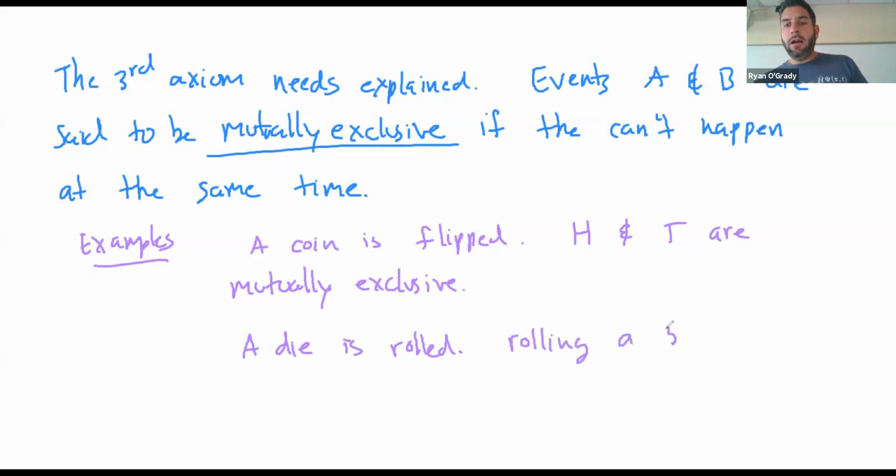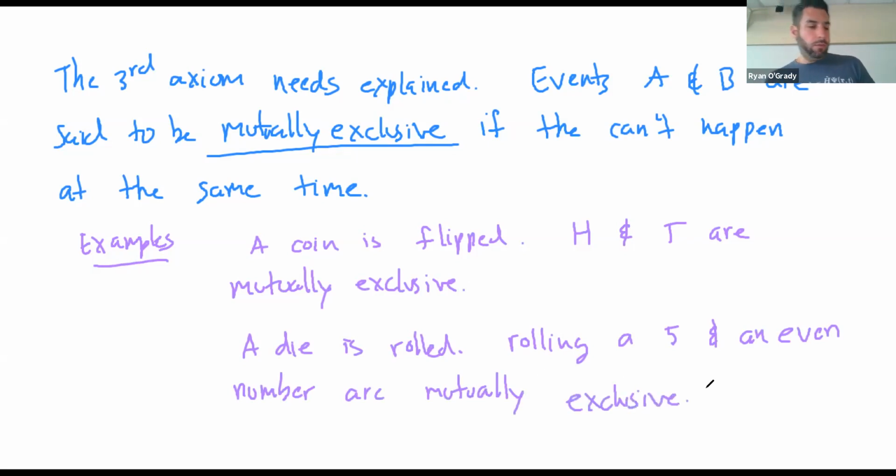Rolling a 5 and an even number are mutually exclusive. So the event of rolling a 5 and the event of rolling an even number can't happen at the same time. However, if I said rolling an odd and a 5, that could happen at the same time.